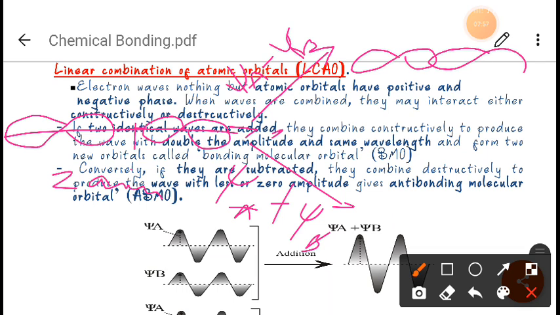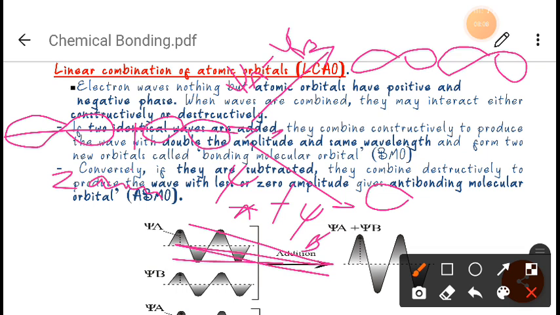Sorry, they're just touching here. Okay, like this. And when there is psi a plus psi b, they will form like this. This will be minus, this is minus, this is plus, and here minus, plus, here again minus, here again plus.